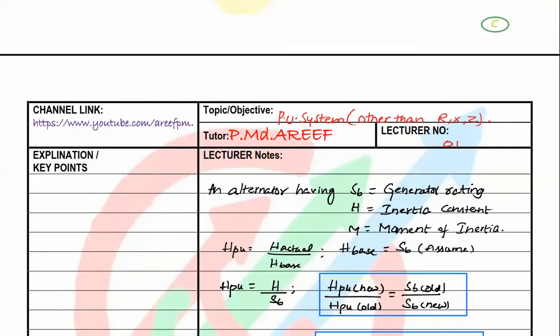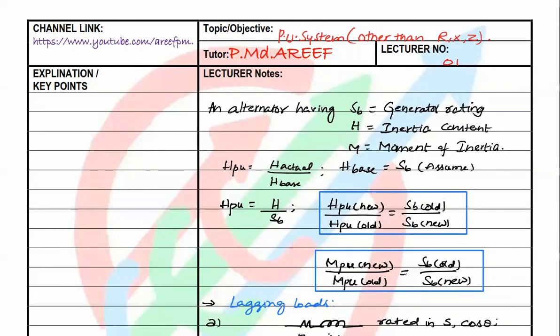In the next slide, we will see the per unit systems for quantities other than resistance, reactance and impedance. Suppose in an alternator, SB is the generator rating in MVA, H is the inertia constant, and M is the moment of inertia. I want H per unit. H per unit is nothing but H actual divided by H base value.